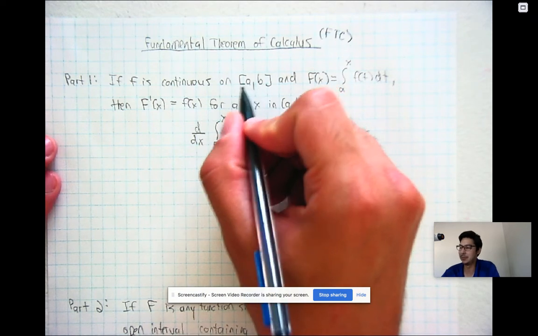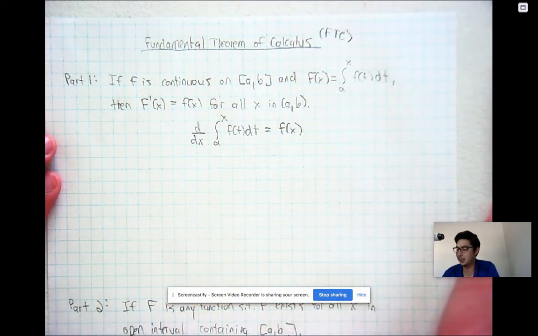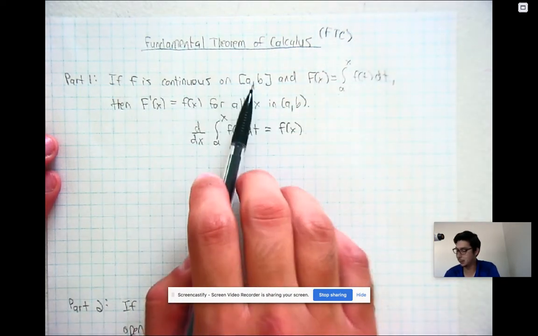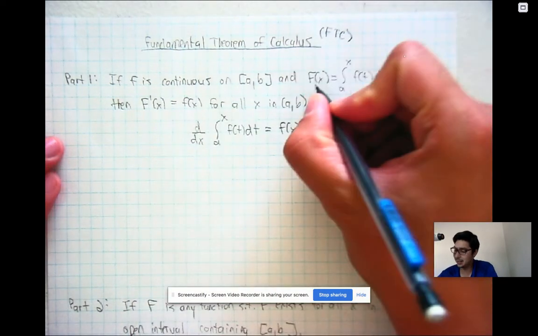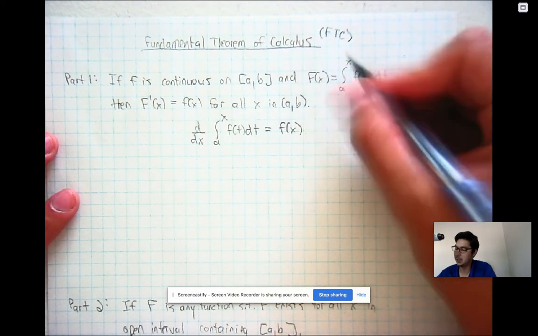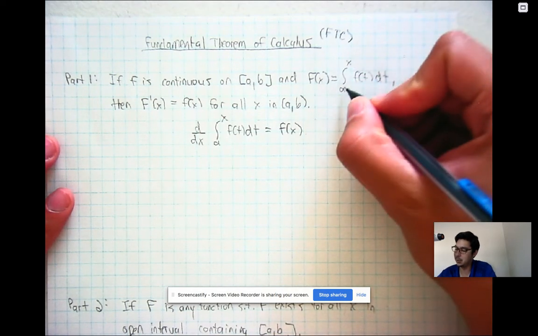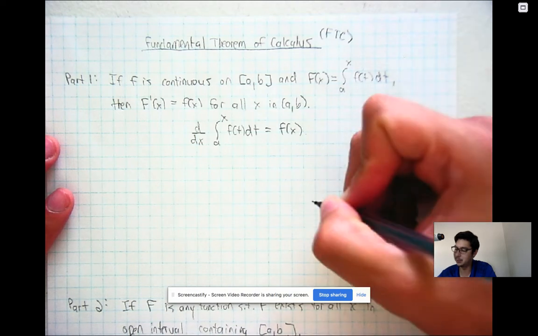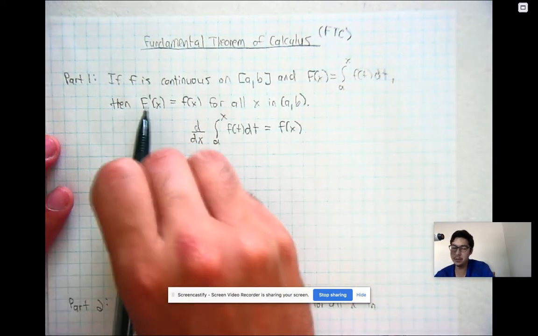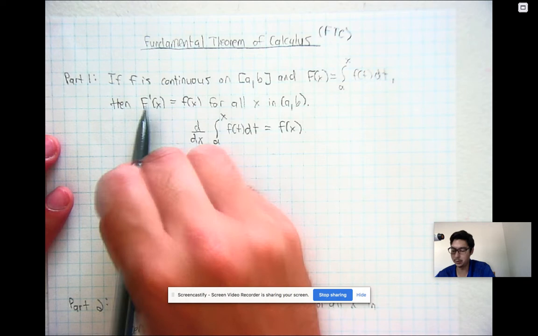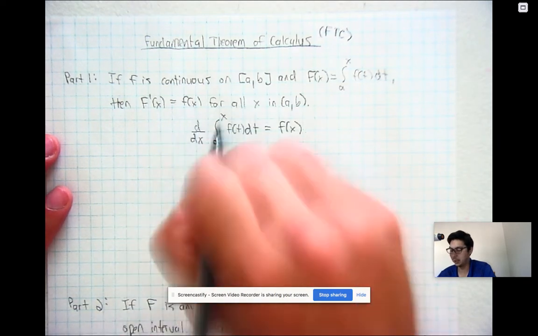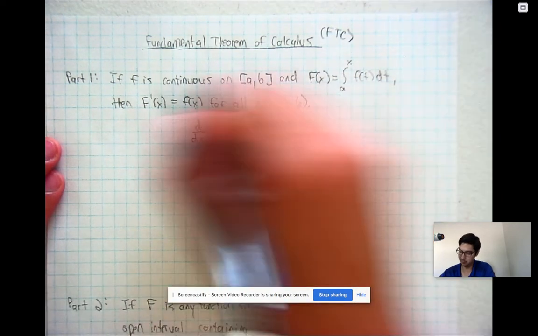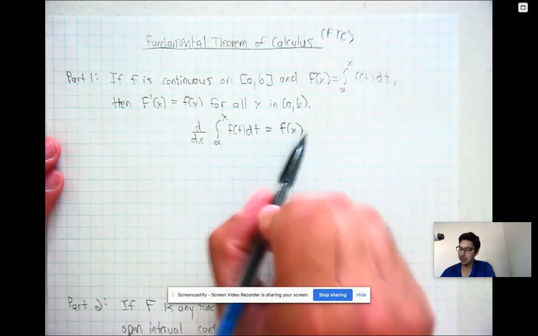But anyway, if f is continuous on an interval a to b, and the antiderivative of x is equal to the area under the curve from a to x of a function f of t dt, then if you take the derivative of the antiderivative, well, you'll get f of x for all x in that interval a to b.